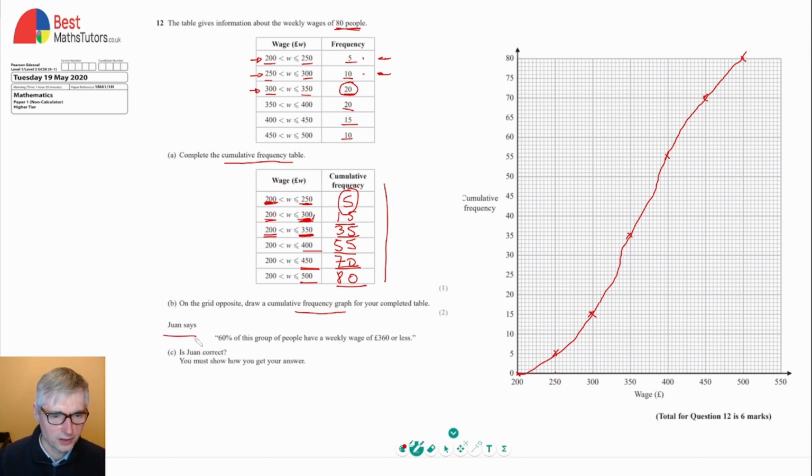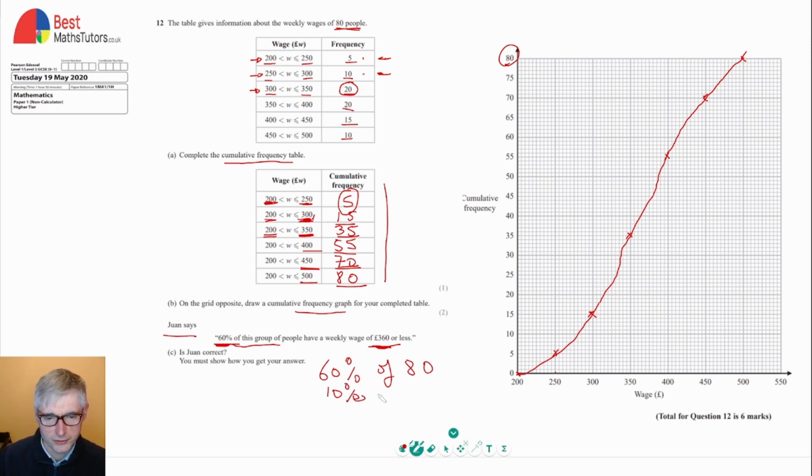Juan says that 60% of this group of people have a weekly wage of £360 or less. First of all, we need to work out where the 60% point is. So we've got a total frequency of 80, so we need to find out what 60% of 80 is. Since we're on the non-calculator, we could find 10% of 80 first.